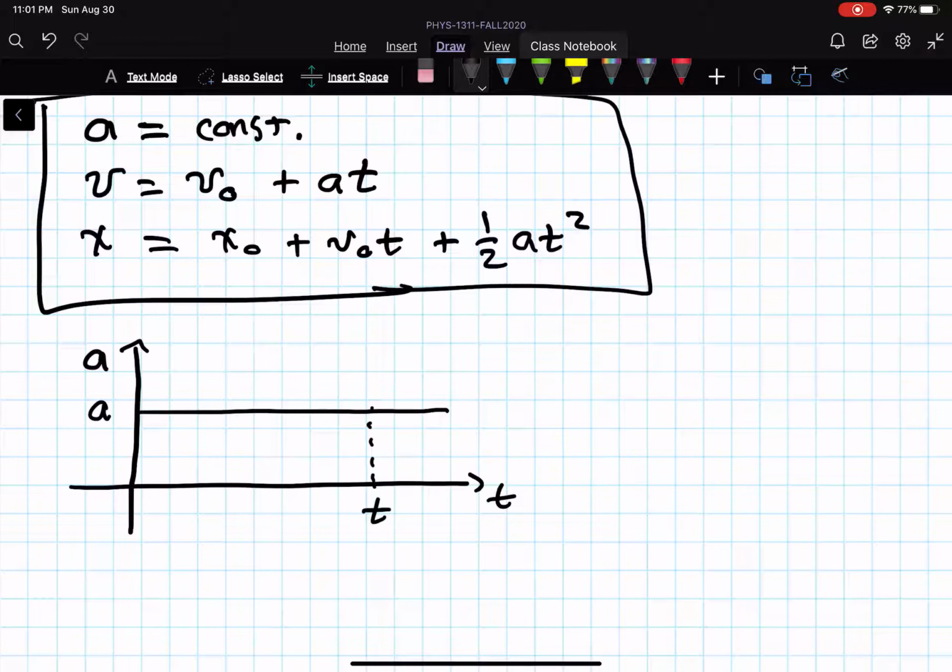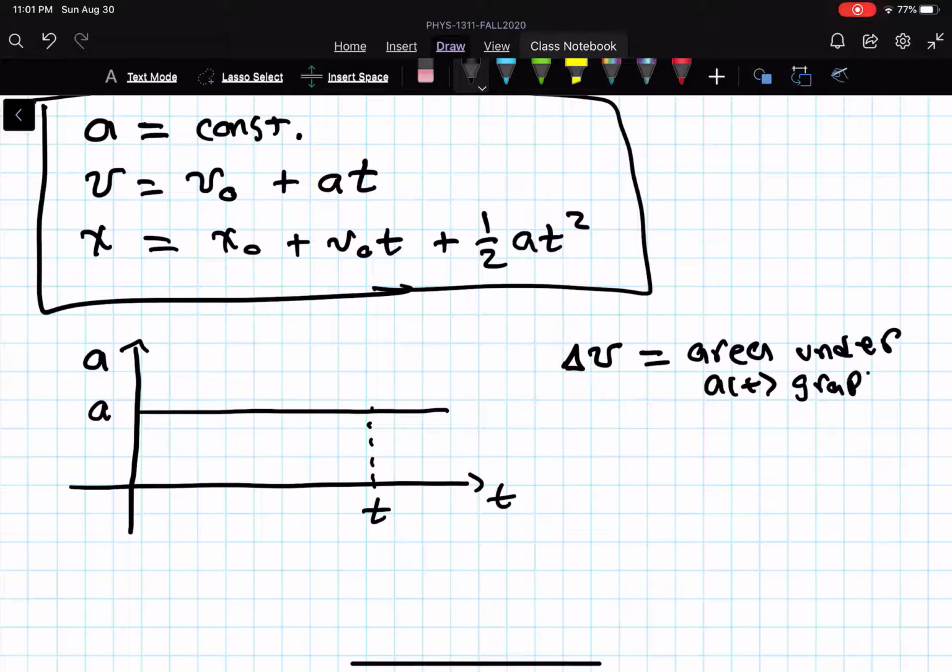So delta v is equal to the area under the a of t graph. Okay, and the calculus way of saying that is that this delta v is equal to the integral from some initial time to some final time of a of t dt, okay?